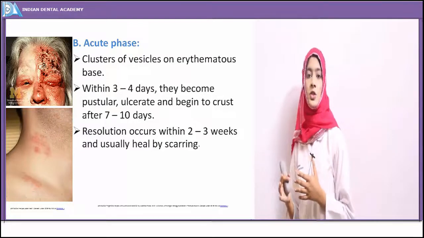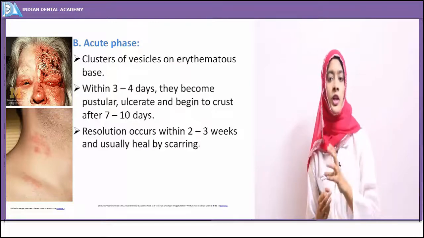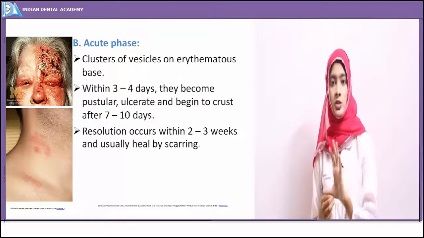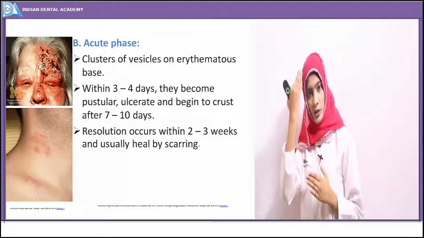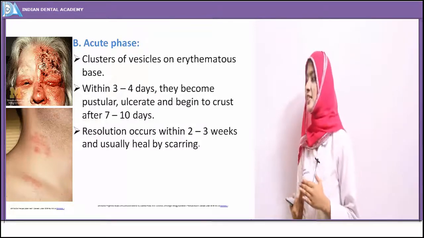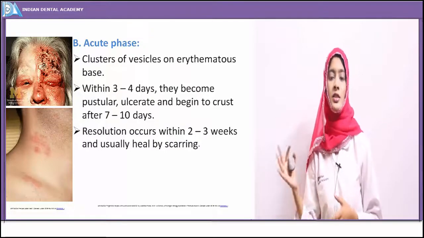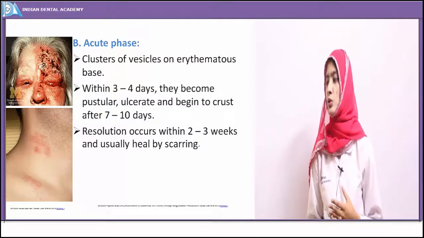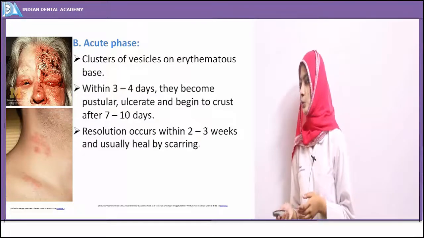Here in the clinical picture you can see the vesicles are fluid filled and reddish in nature, and they are unilateral, affecting only one side of the face. Here the infection is of the trigeminal root ganglion. That is the herpes zoster infection of the trigeminal ganglia.